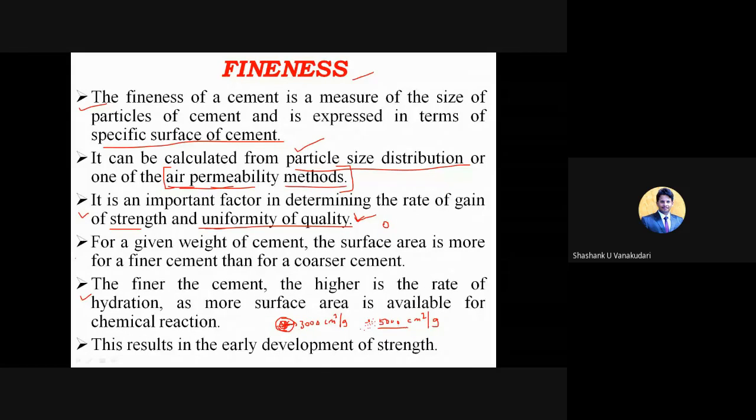So however you crush and make them into smaller particles, the rate of reaction, that is the heat of hydration, is going to increase. Okay, that is the chemical reaction. However you crush with a larger fineness, that is going to lead to a higher heat of hydration. So for a given weight of cement, the surface area is more for a finer cement than for a coarser cement.